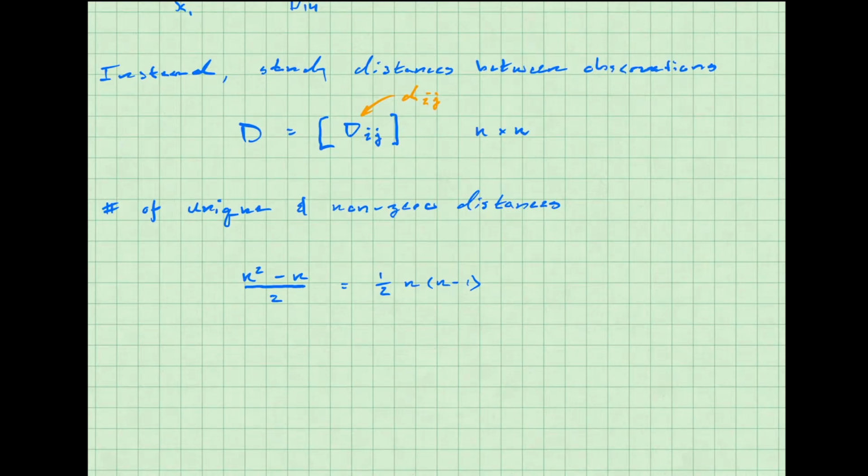But now this formula is only true, and this is a crucial point, if two conditions are satisfied. dij is defined in such a way that it's always equal to dji. So in other words, the matrix of distances is symmetric. And it's also required that the diagonal elements are 0.